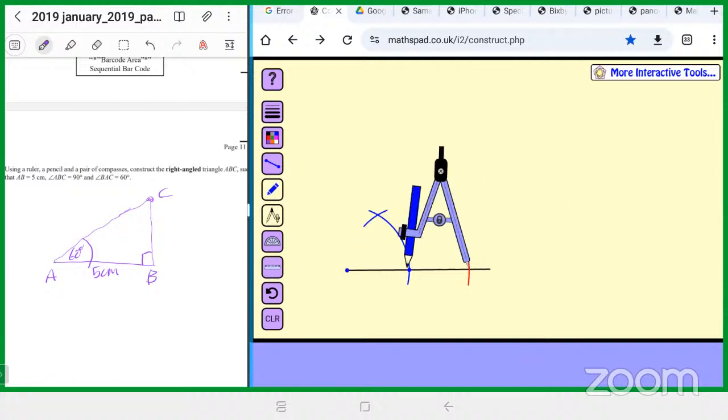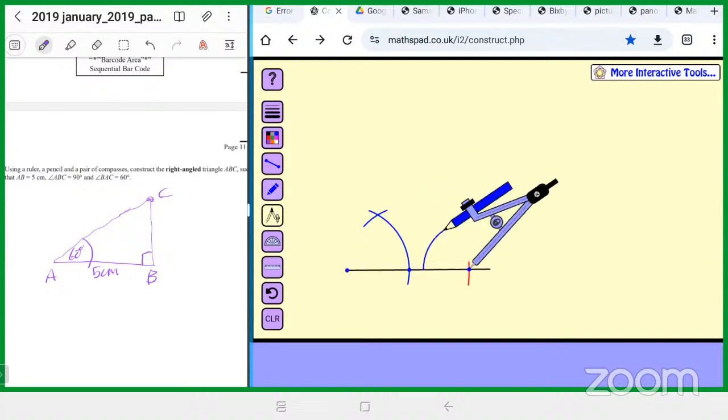So my method, let me close up the compass a little bit. I don't want this in the way. All right. I'm going to construct the 120-degree arc. So because I want a 120-degree arc, I come all the way around here. A long arc all the way around there.